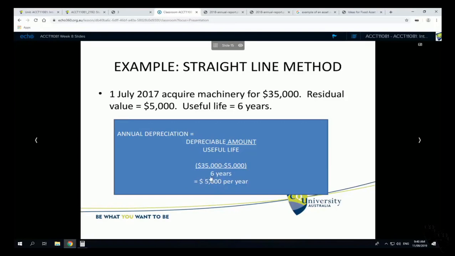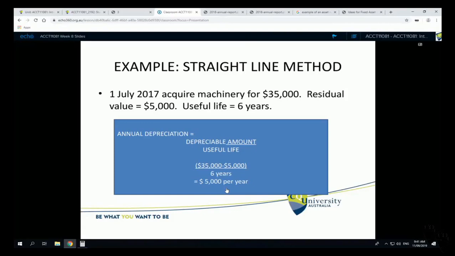Now, I just want to make a mention. We've assumed that we acquired this machine at the 1st of July and that our financial year ends on the 30th of June. Okay, so this depreciation amount that we've calculated is for the whole year. If you are calculating depreciation for part way through the year, you simply apportion the full year by the amount of time.